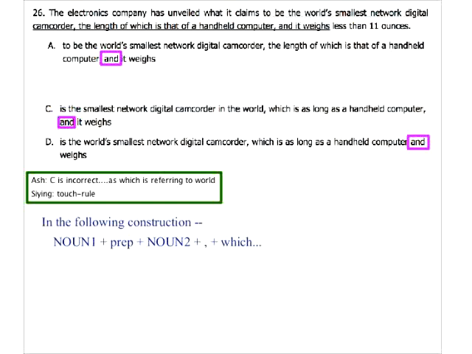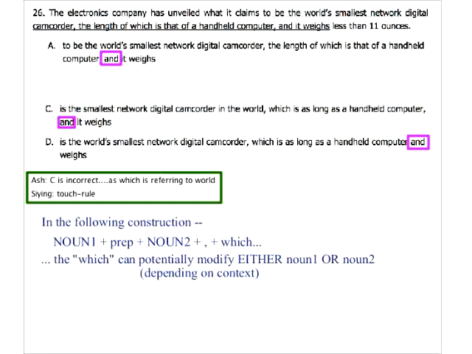The way that you tell which one it modifies is you use the context of the sentence. So for example, in number 26 of the official guide 12, I can't put the whole problem up there, but I think I'm under fair use by using one fragment of it.